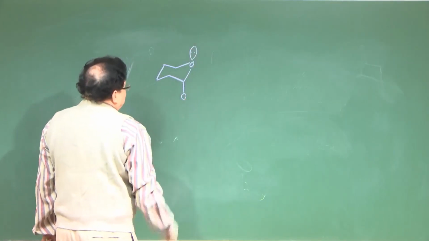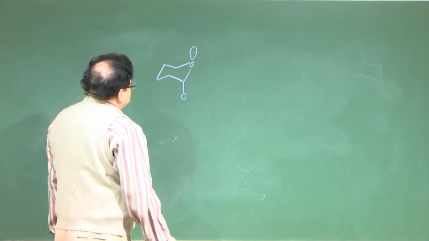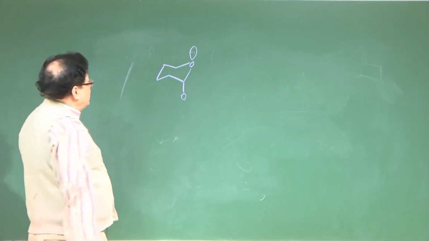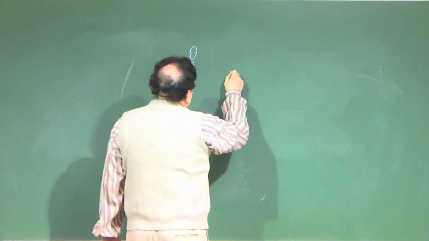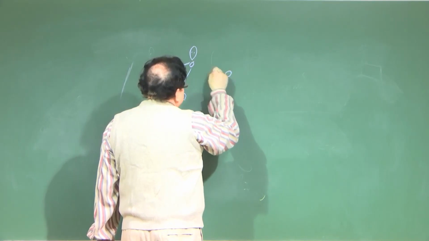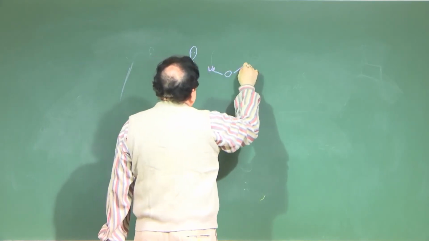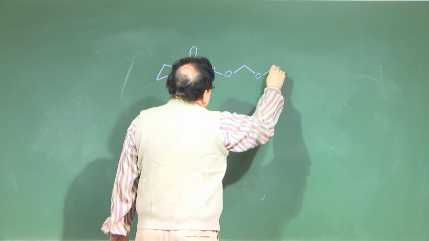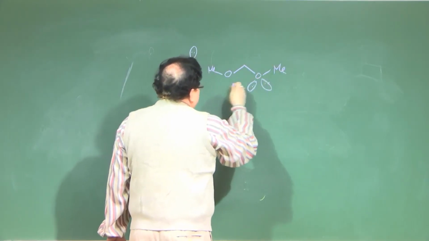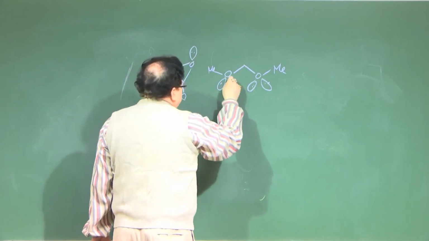This type of system can also be present in other molecules, like if you have O, then Me, then a CH2, and then O, and then Me. So, now you have a lone pair here, a lone pair there.